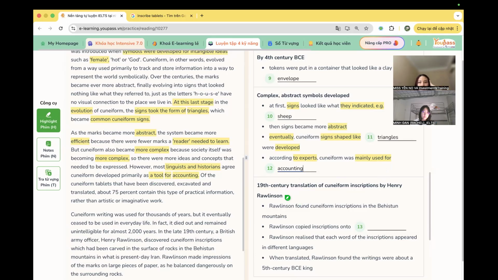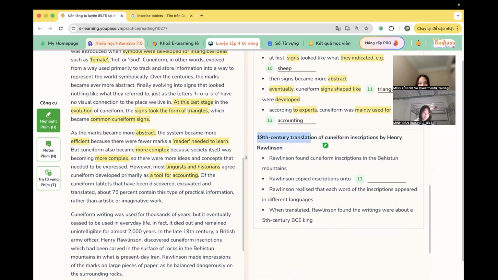And in the 19th century, the translation of cuneiform by Henry Rawlinson. So he copied the impression onto. Here's the thing, onto, that means on something. And he copied this on some other material.